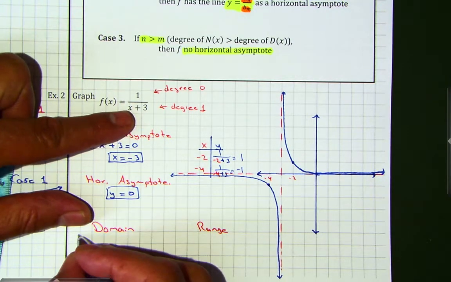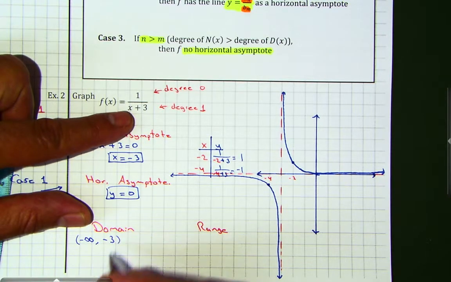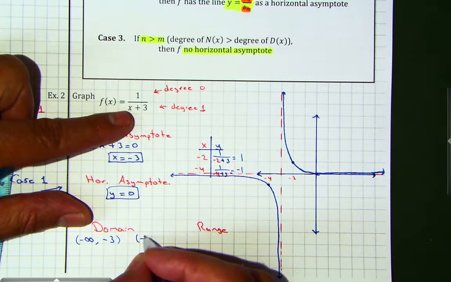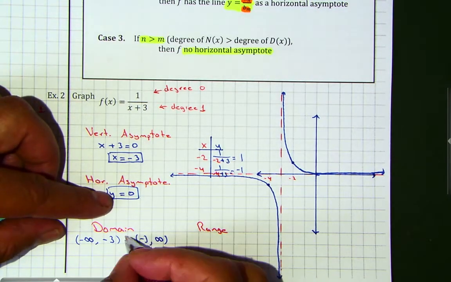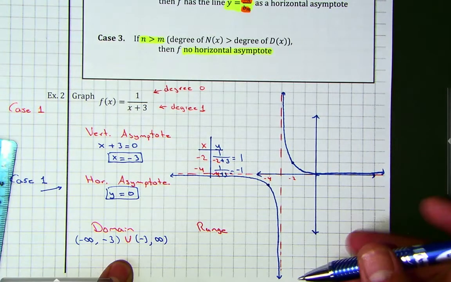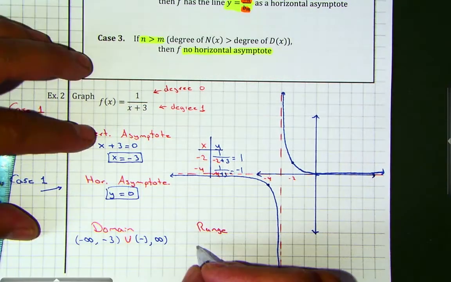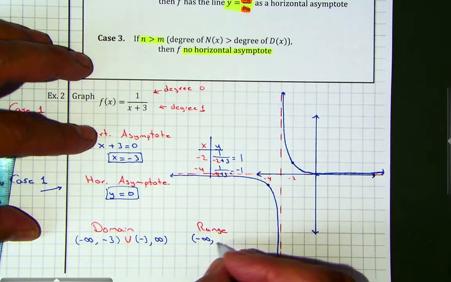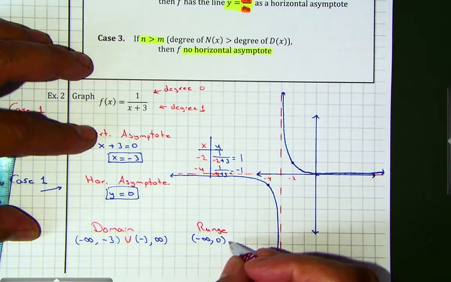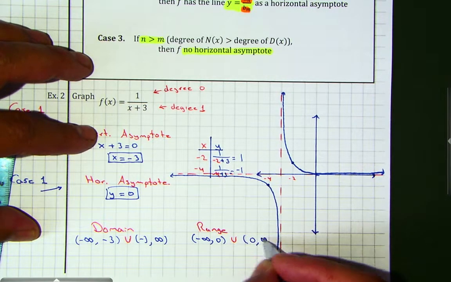So it'll be from negative infinity all the way to negative 3, not including negative 3, and then we continue from negative 3 all the way to positive infinity. And it's a union. Your range are your y values. What values do we get back? From negative infinity all the way to 0, union, and from 0 all the way to positive infinity.